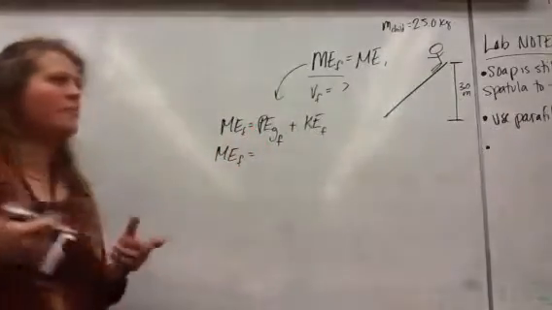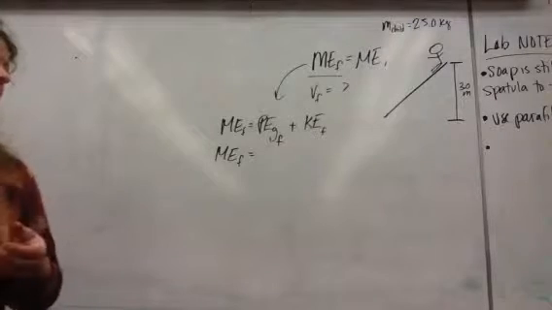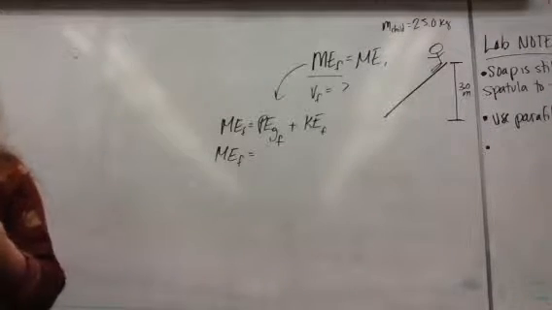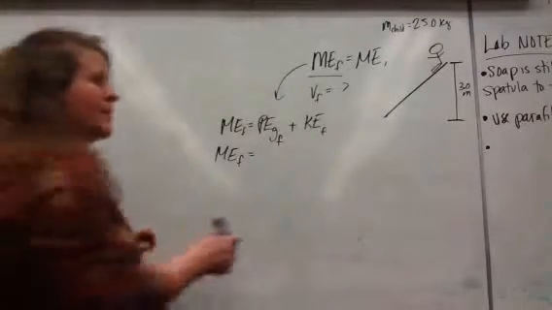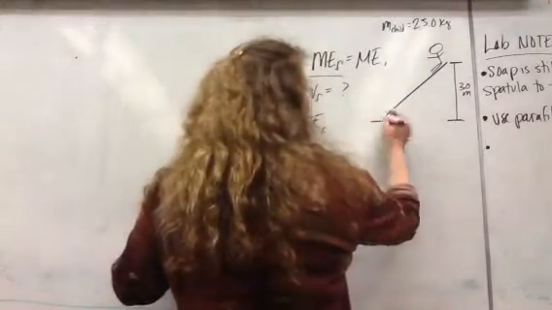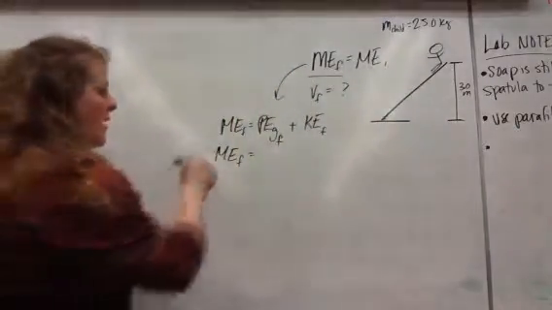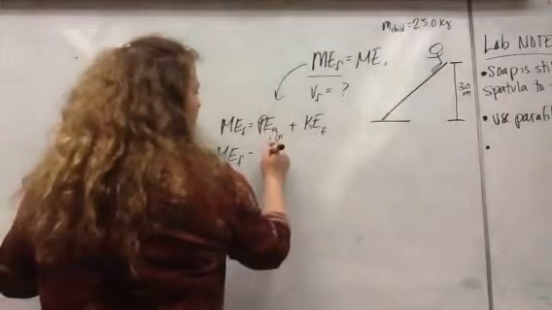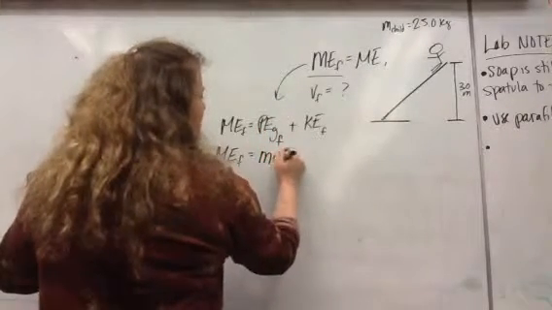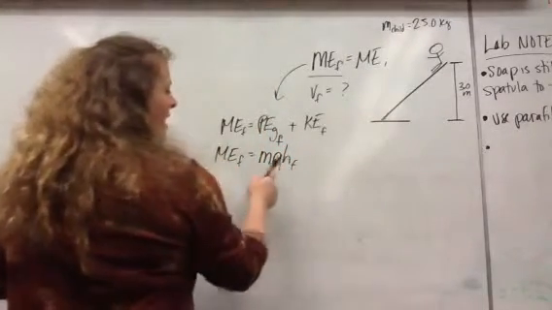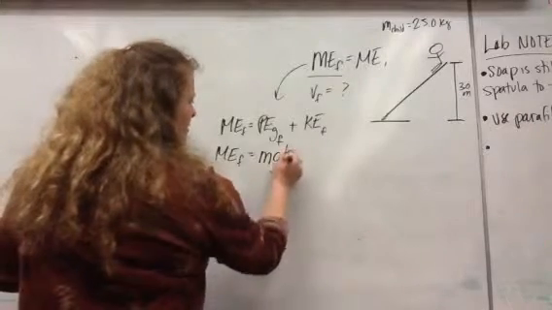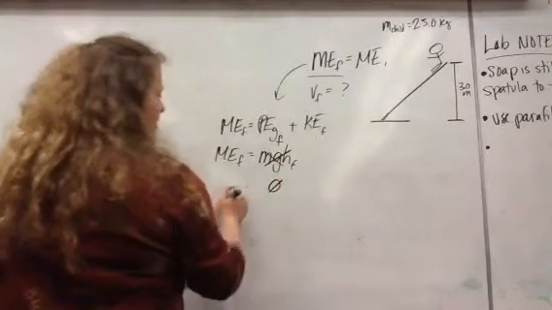Well, what's her potential gravity at the end of the slide? We assume this goes to the ground. 0. So, if she hits the ground at that point, then this is mass, gravity, final height. If final height is 0, that whole thing is 0.